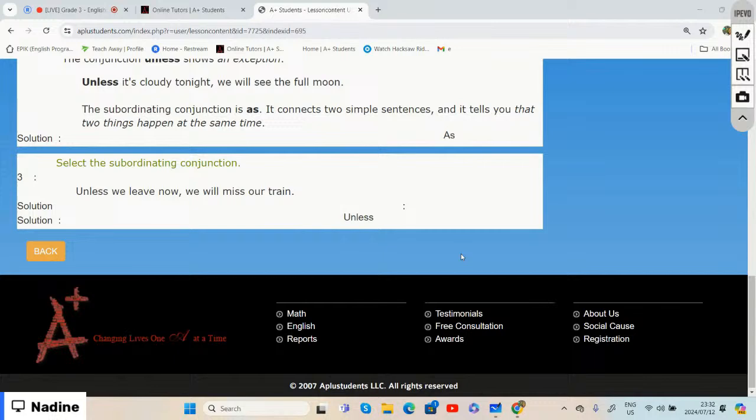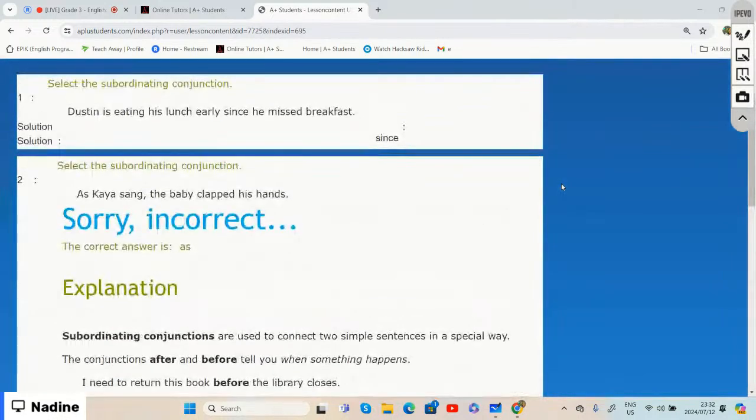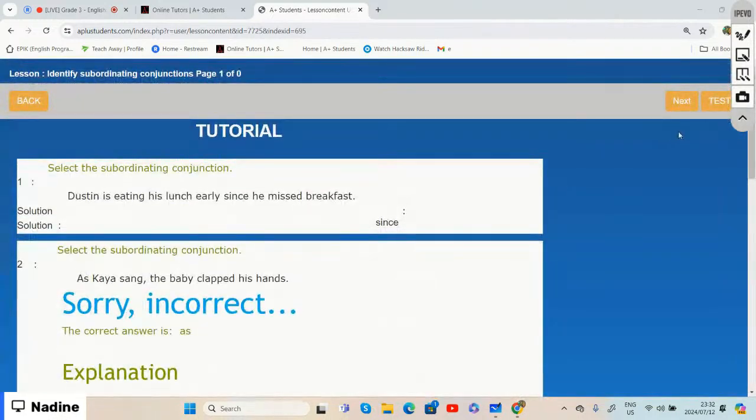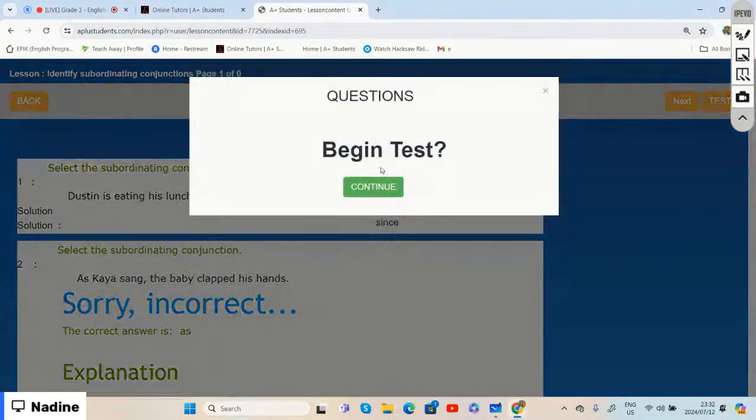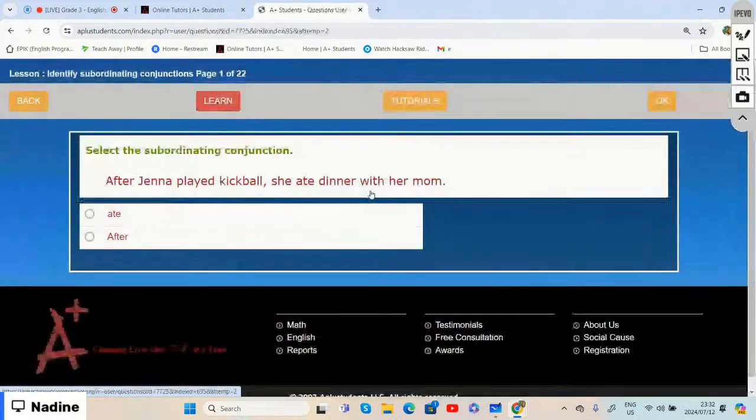All right. So now we're going on to our test where we are going to identify subordinating conjunctions. Remember, they are those words that connect or join two simple sentences in a special way.